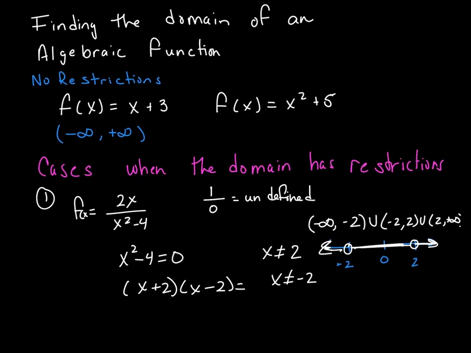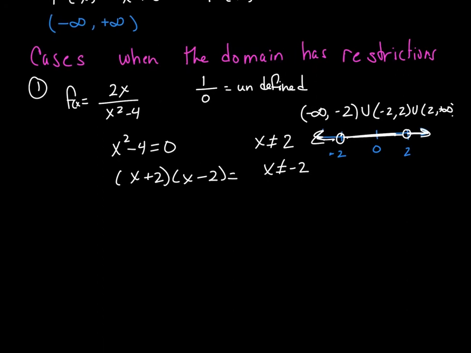Now, the next case where I have a restriction on the domain is case 2. And this is going to be anytime you have a radicand that has an index of an even number, whether it's 2, or it could also be a 4, or any even number as your index.